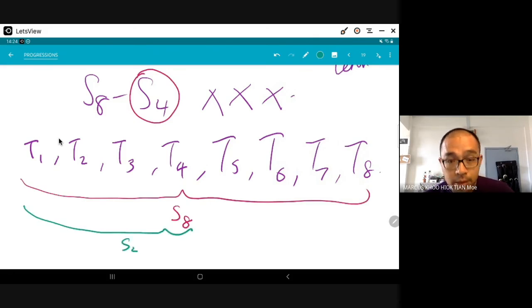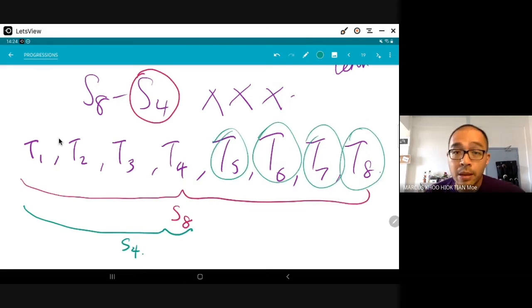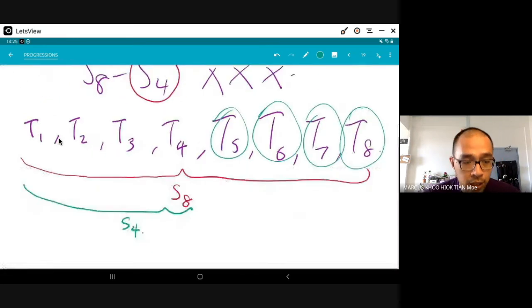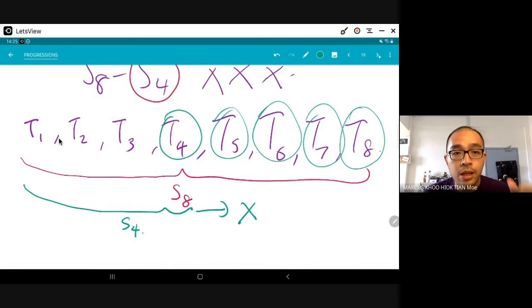So yang bakinya adalah berapa? 5 campur 6 campur 7 campur 8 saja. Sedangkan soalan minta find the sum from the fourth term, daripada yang keempat sampai yang ke-8. So sebenarnya tolak S4 ini yang salah. Sepatutnya kita tolak S berapa? Kalau saya mahu cari 4 sampai 8, sepatutnya saya tolak dengan S.